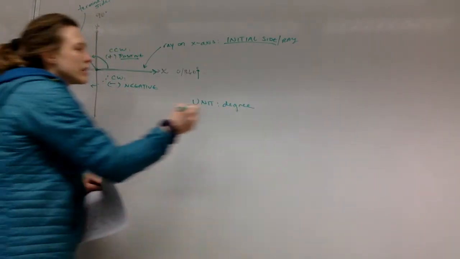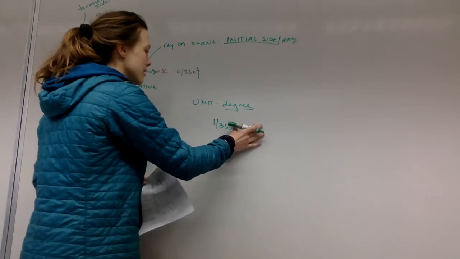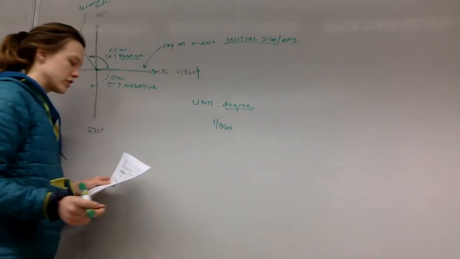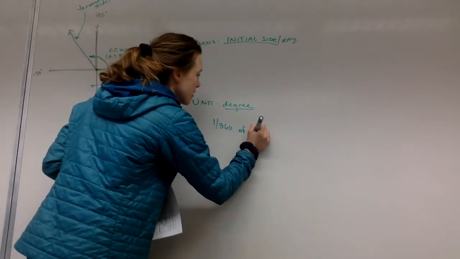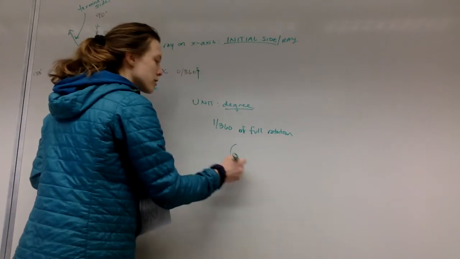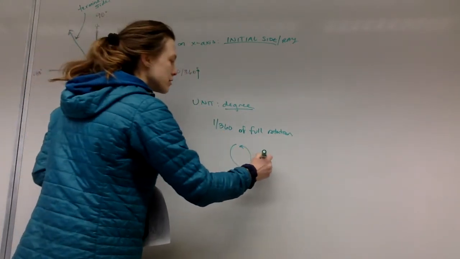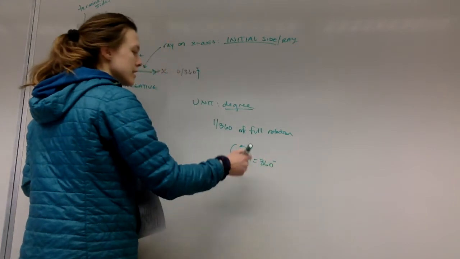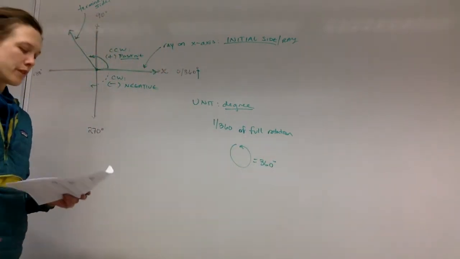And each degree represents 1/360th of a full rotation. Because a full rotation, remember, or going around in a circle, is equal to 360 degrees. So 1 degree is 1/360th of a full rotation.